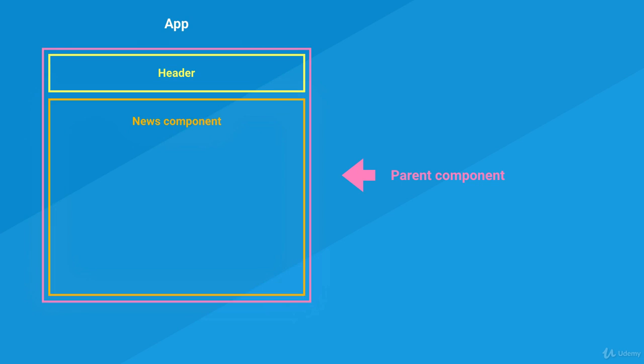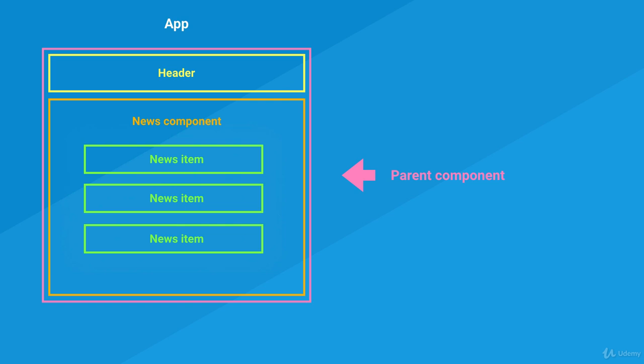Then we're going to have a different component, which is going to be the news component. This one is going to hold some other components that are going to be the actual news. And now inside, we can have each news. We're going to use one component for all the news items that we get at home. This news item is going to dynamically feed the information about that news to the news component.